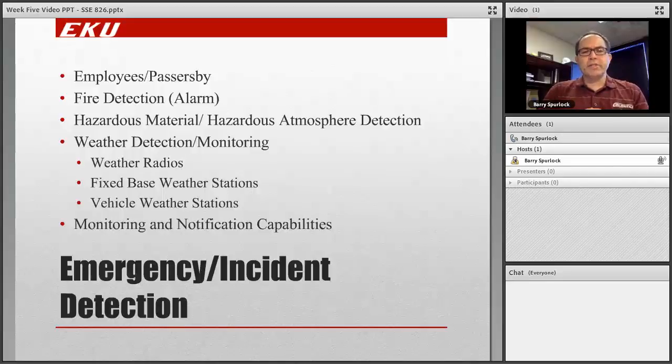Obviously, a fire detection system, a fire alarm system within your facility. This might be heat detectors. It might be smoke detectors within the facility. It might be pull stations. Those are all examples of some type of fire detection means. Obviously, the pull station involves an employee, but the other stuff is fairly automatic. We have smoke detectors that might be monitoring the air in the facility, or obviously it's photoelectric.